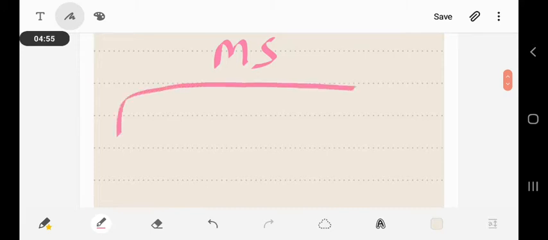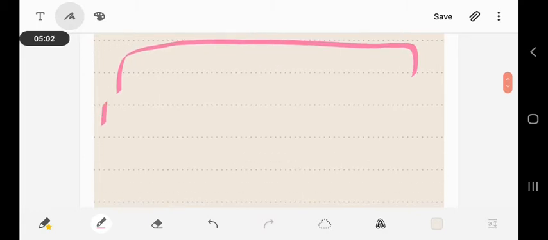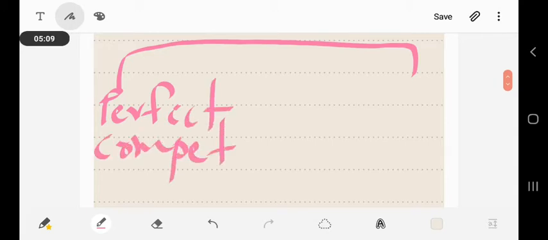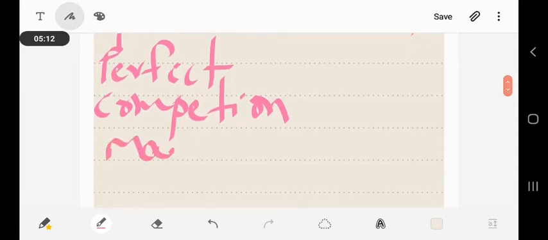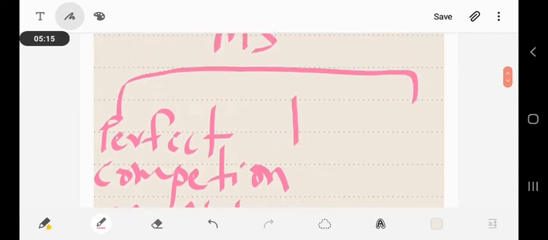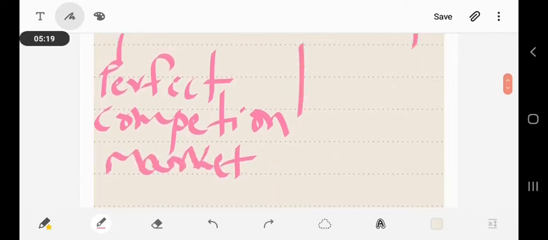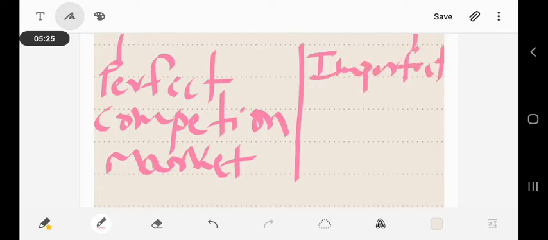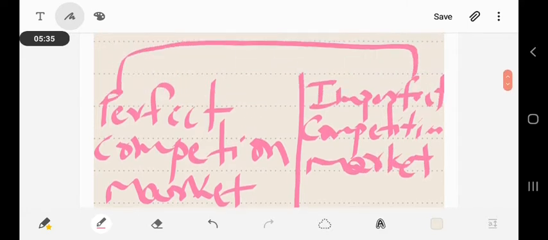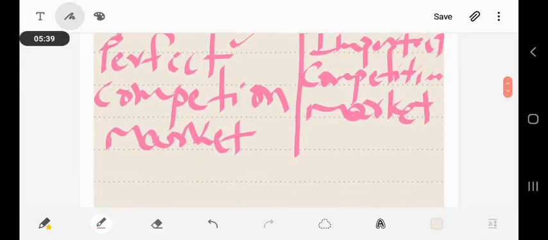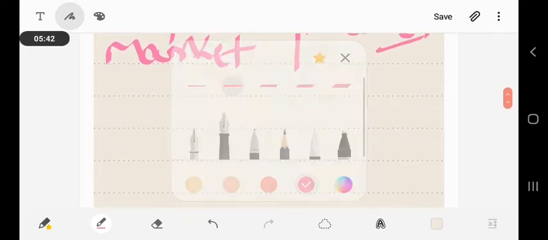On the one side you have the perfect competition market, and on the other side you have the imperfect competition market. One is the perfect competition market and the other one is the imperfect competition market.